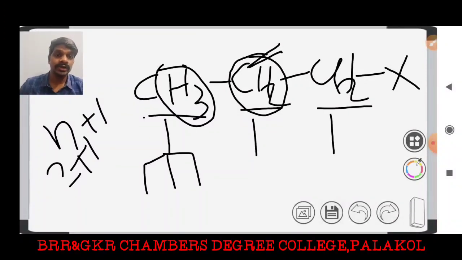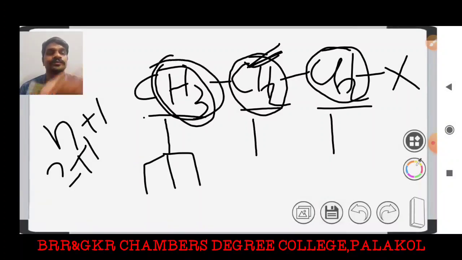Here the triplet does not represent 3 hydrogen atoms. It represents the neighboring protons, because the neighboring carbon carries 2 hydrogen atoms. That is why it is split into a triplet. Now the middle CH2 has 2 different neighboring sets of protons. On the right side you have 2 neighboring protons, and on the left side it has 3 neighboring protons.